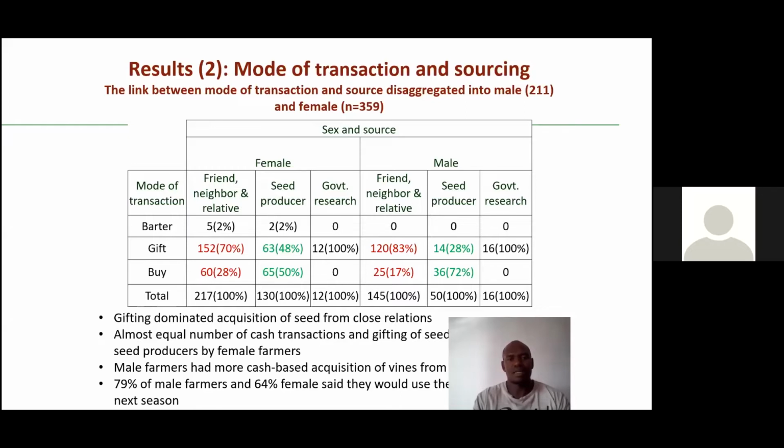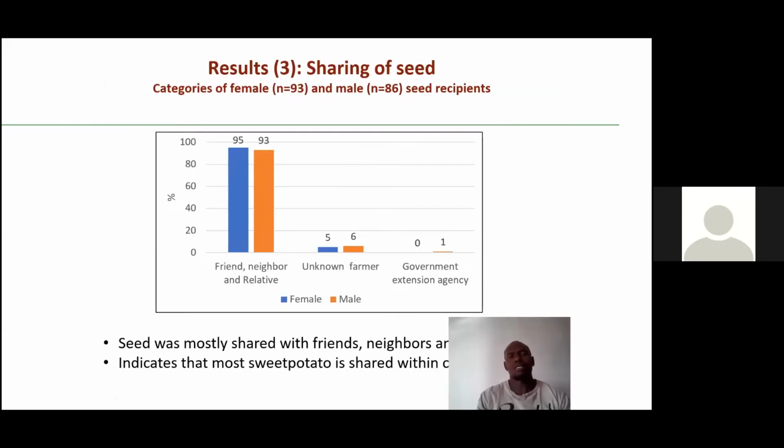And we also looked at how the respondents shared seed. So we wanted to see after receiving seed and producing, did they share further with other people? And from this, we realized that seed was mostly again shared with friends, neighbors, and relatives, with few farmers mentioning that they shared with unknown farmers.